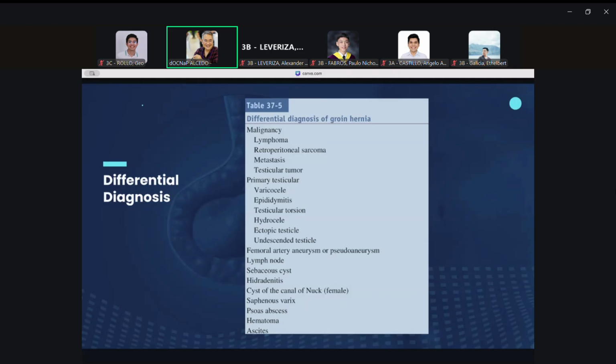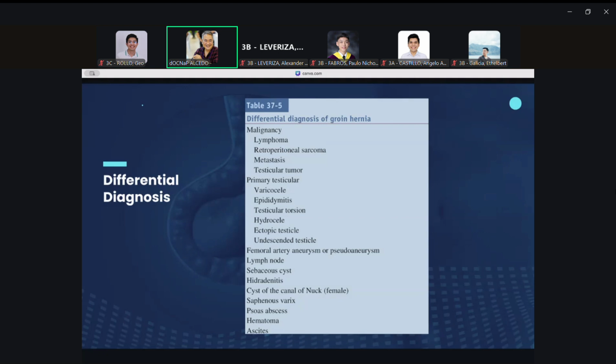Another very important differential, of course, is the presence of epididymo-orchitis. A patient with a history, very important, of unprotected, unsafe sex, which can result in swelling, inflammation, and infection of the epididymis and the testicle. They all present with a bulge in the groin extending into the scrotum, which is tender and warm to touch, very similar to a strangulated hernia.